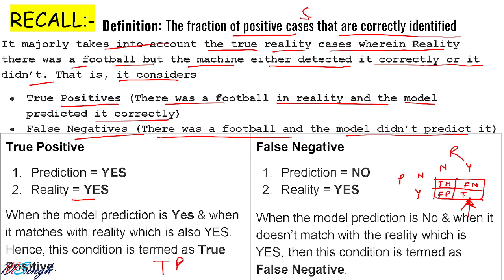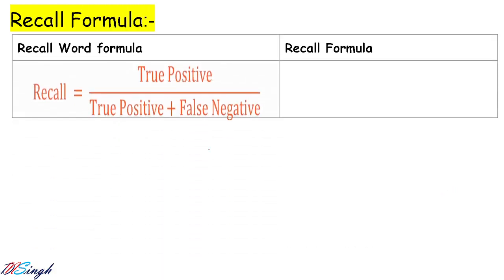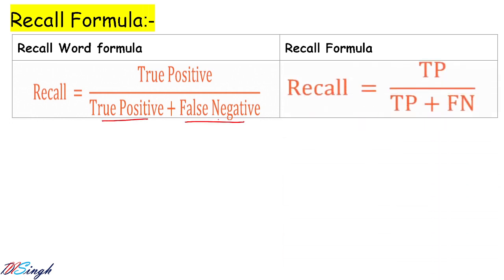This cell value is true positive. So for recall you need to take the last column in the denominator, that is FN plus TP. Here it is taking false negative cases into consideration. Let us see the formula: true positive cases upon true positive plus false negative, that is TP upon TP plus FN. So this is the last column of our confusion matrix.